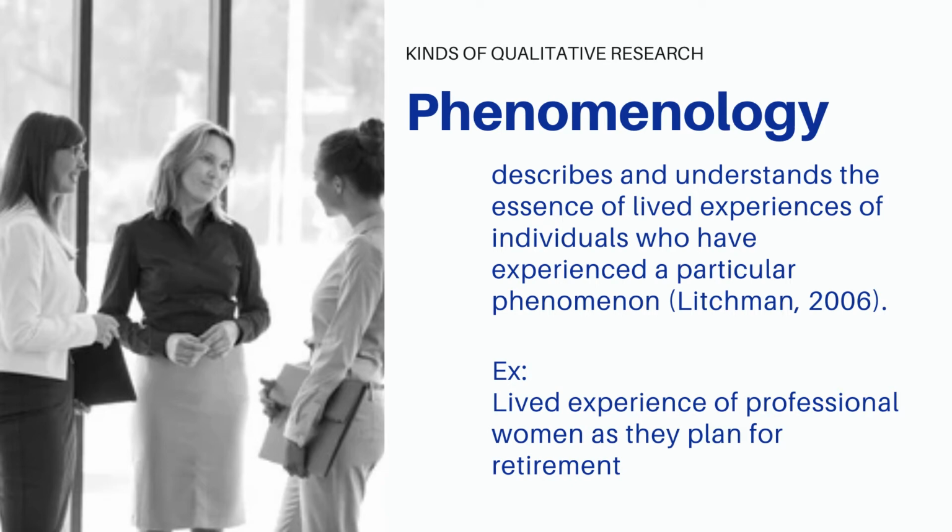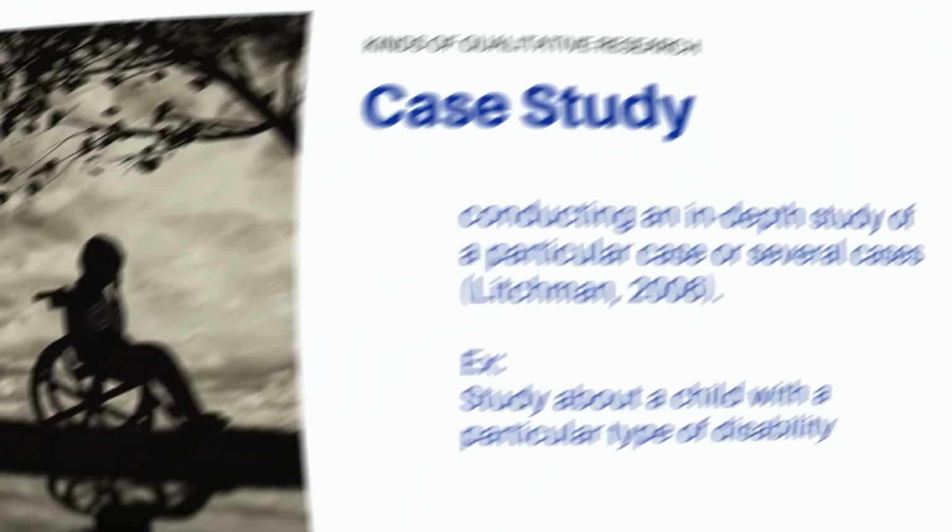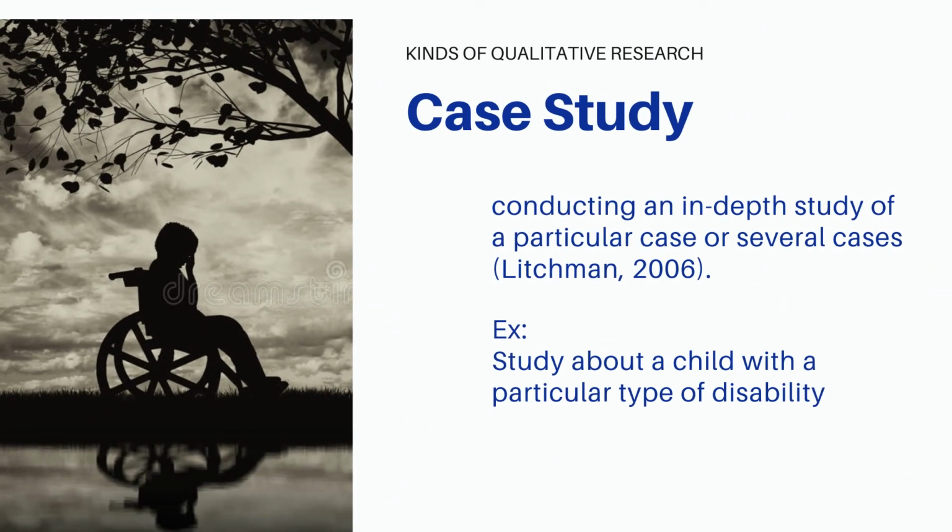You do not need a survey for this, but you have to talk to professional women who are about to retire. Fourth is a case study. Case study is conducting in-depth study of a particular case or several cases. For example, you might study a child with a particular type of learning disability.